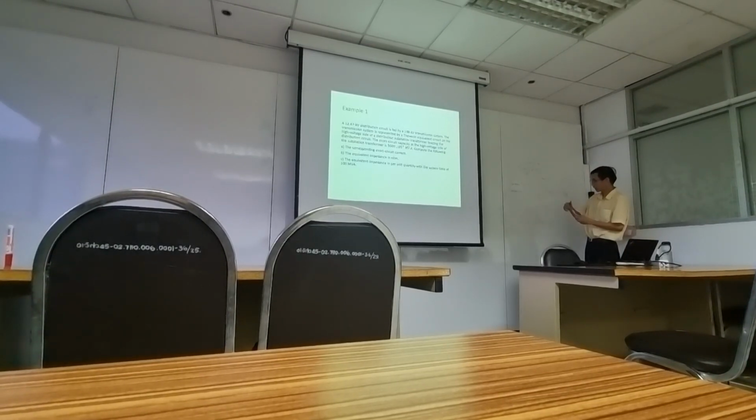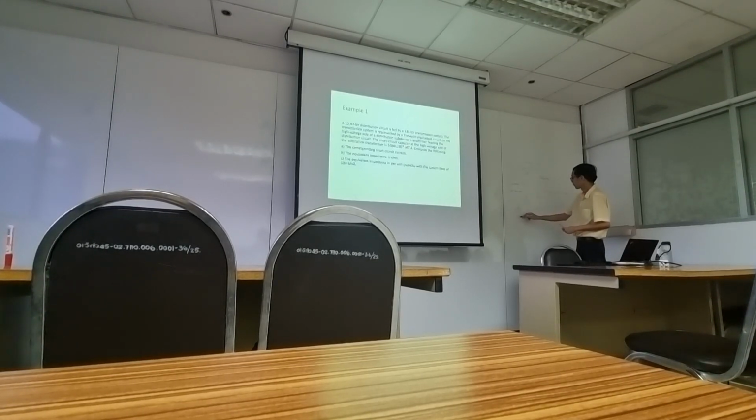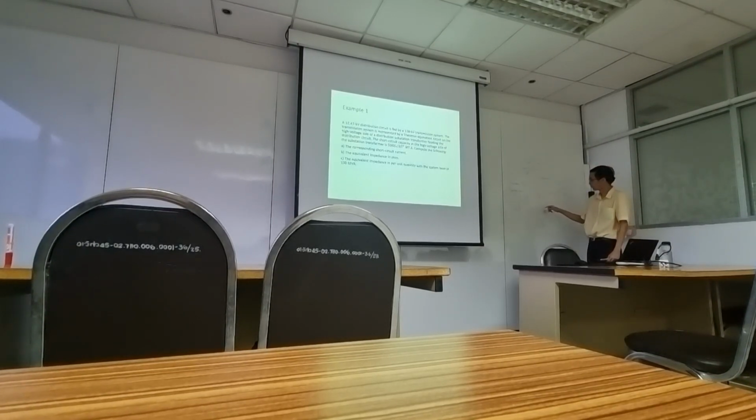So this is the single line diagram. If you want to draw the circuit diagram, you can draw it like this. Suppose we have the voltage source VS and impedance ZS, and this will go through the distribution circuit, right?